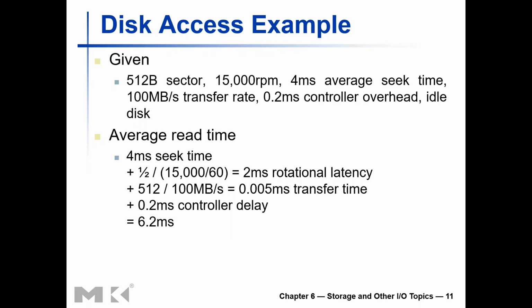So we have a 2 millisecond rotational latency, rotating the disk and choosing the right sector. And 512 upon 100, because the speed of data transfer is 100 MB per second, we are transferring one sector, which is 512 bytes in size. So our transfer time is 0.005 millisecond. Controller delay 0.2 millisecond. Altogether we get 6.2 millisecond.